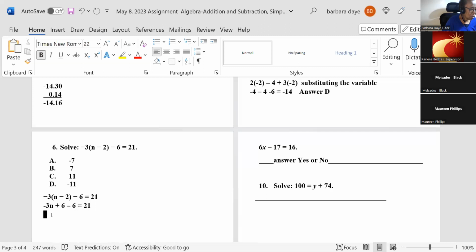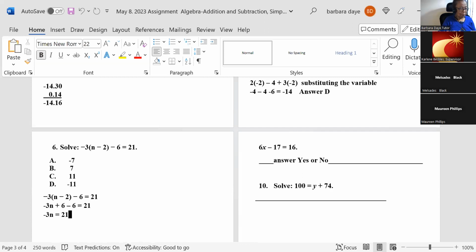No. What's a plus 6 and a minus 6, Mercedes? What does that add to? 0. So you just have minus 3n on the left, equal 21. Now what is n equal to then?